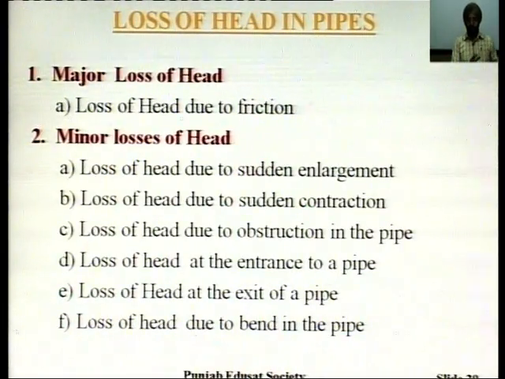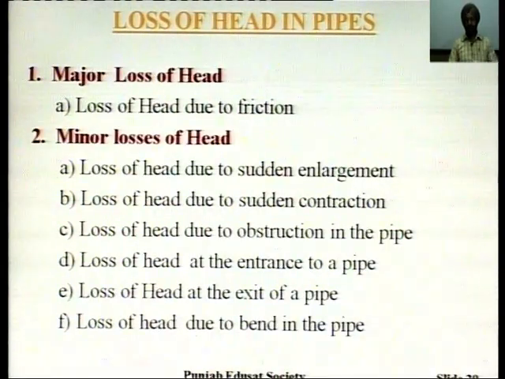Now, this was the basics of pipe flow. Now, we are interested to discuss the losses in pipes, the loss of head in pipes. The loss of head in the pipes may be due to various reasons, but we broadly classify the losses in two categories: the major loss of head and the minor losses of head.